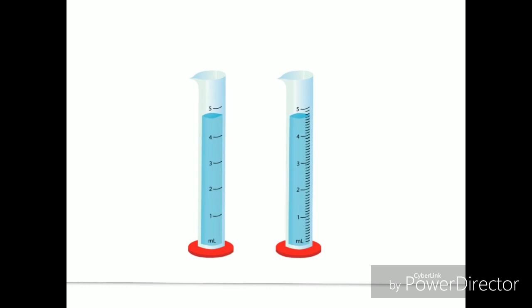Recall that when measuring a liquid with a graduated cylinder, you always want to measure from the bottom of the meniscus. The meniscus is this downward sloping curve of the liquid, so we would measure from the bottom of the meniscus. Again, pause the video and see if you can come up with acceptable measurements for these volumes represented by each graduated cylinder.